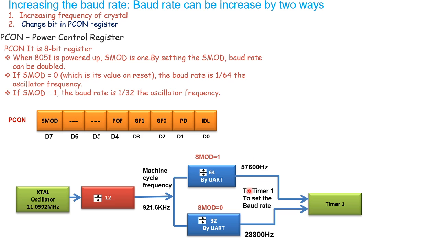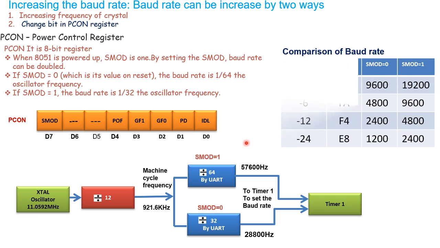So this gives us the value, that is 28,800 Hertz, and here 57,600 Hertz. This is provided to timer 1 to set the baud rate using TH1, the higher byte of timer 1.